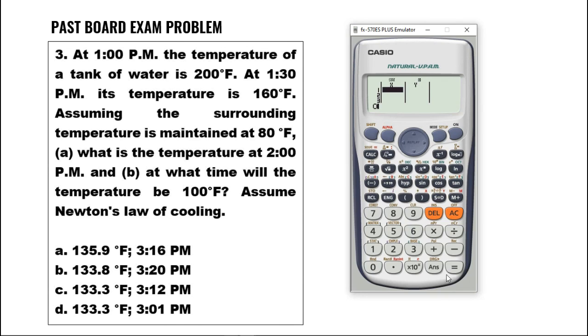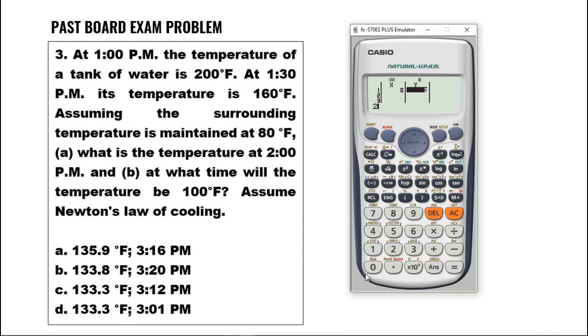So at time 0, so tingnan natin yung surrounding temperature 80. So less than sa kahit anong temperature sa problem. This is a cooling process. So at time 0, here at time 0, you have here 200 degrees Fahrenheit.